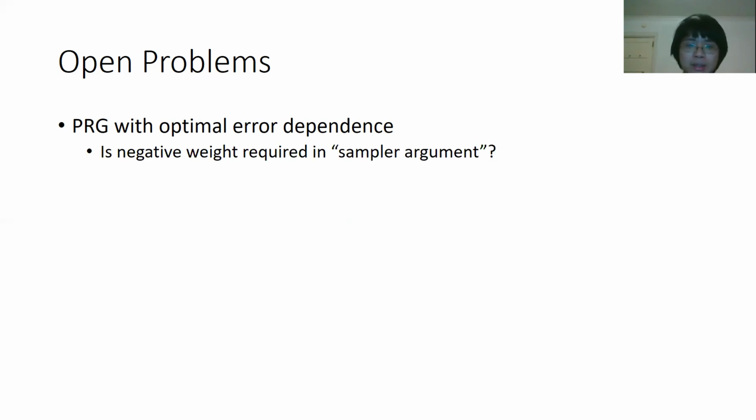In the original paper of BCG, it seems kind of necessary because we need to take the difference to get a small norm matrix. In our paper, our small norm matrix becomes implicit, but we still need the negative sign to guarantee that the output side has a small C length. So we are not sure whether this negative weight is actually required to apply this trick.